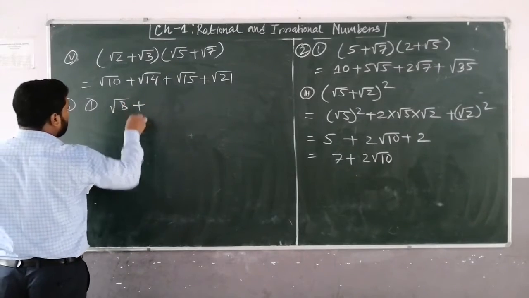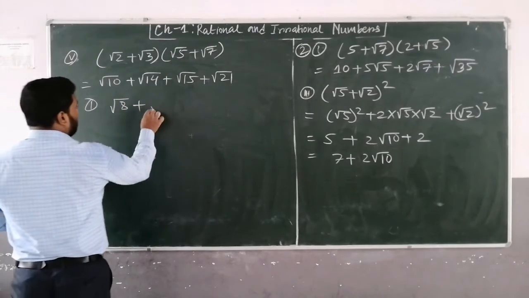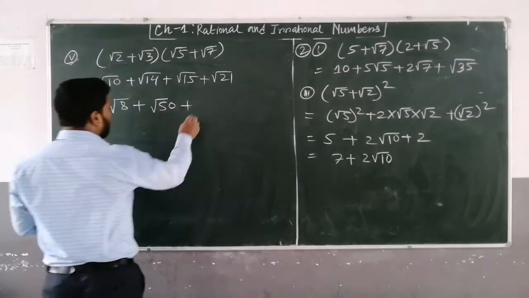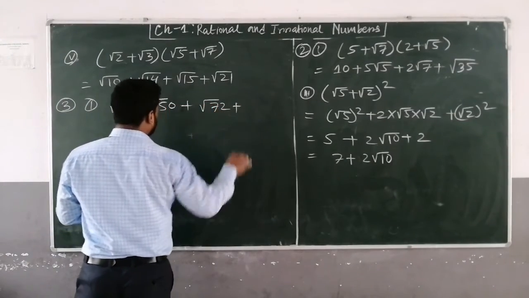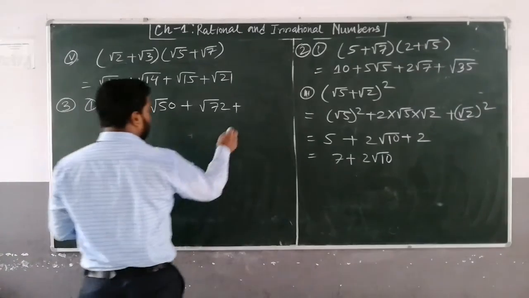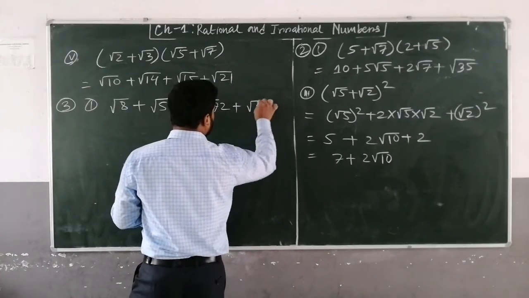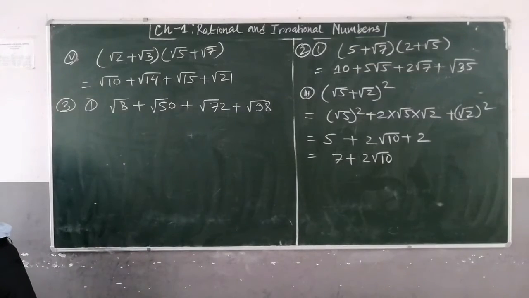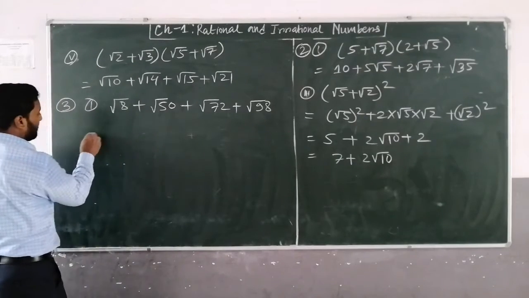Under root 8 plus under root 50 plus under root 72 plus under root 98. So simplify first.